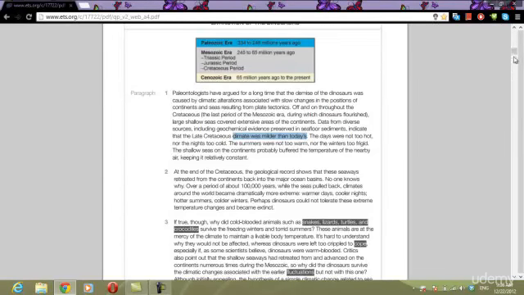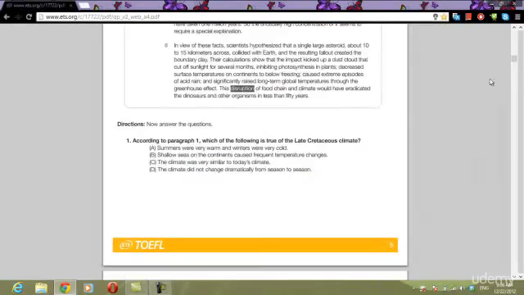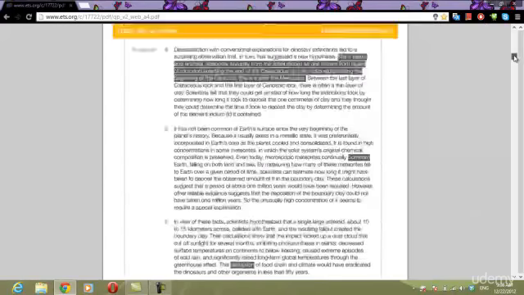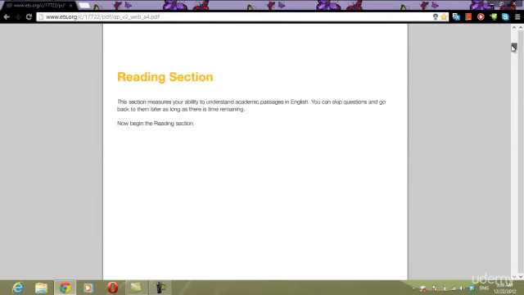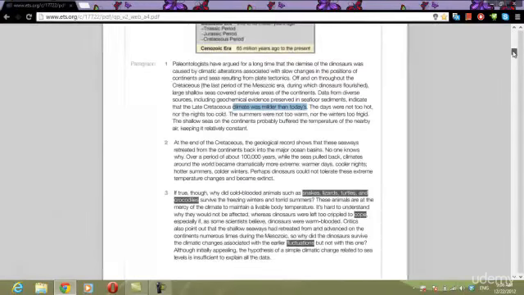Choice D is our correct answer. Choice D says the climate did not change dramatically from season to season. When we look at that, it says right here the summers, which is a season, were not too warm, nor the winters, which is a season, too frigid.